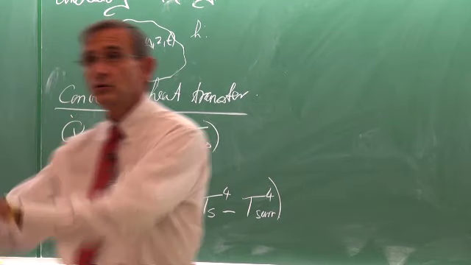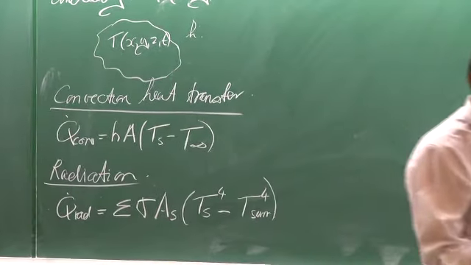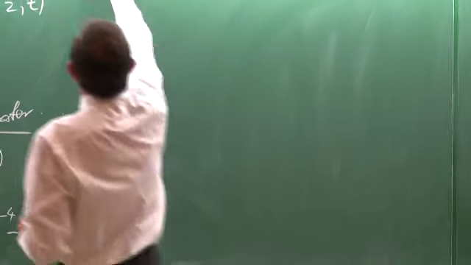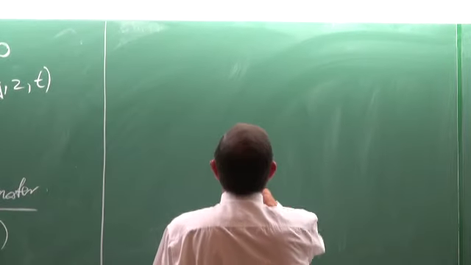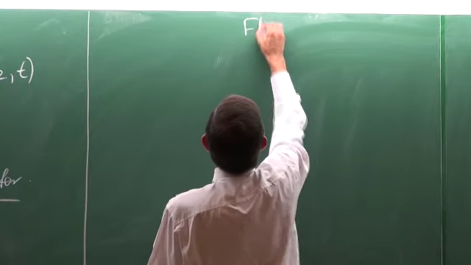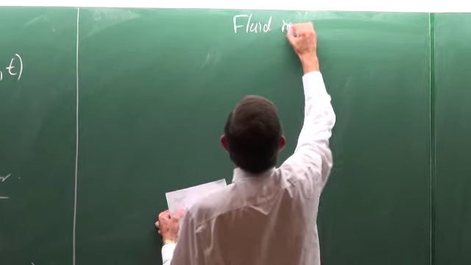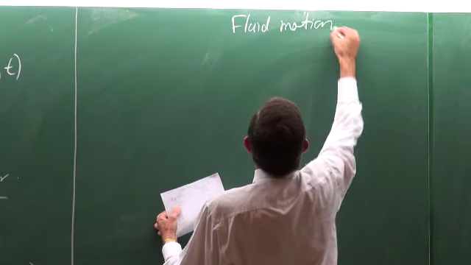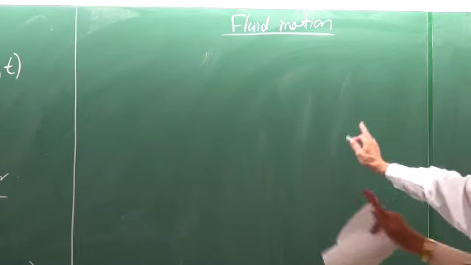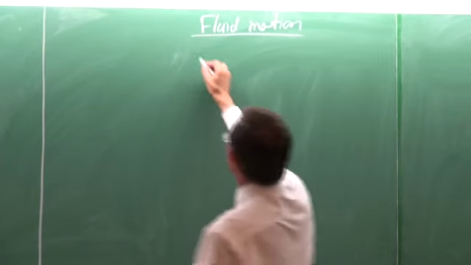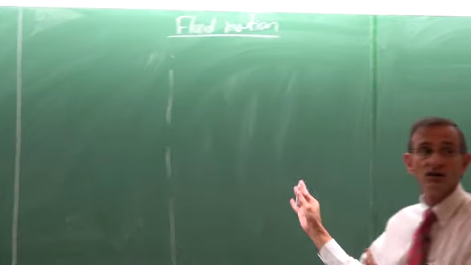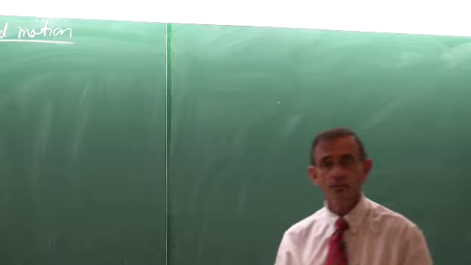Now that we've done a little bit of revision, I want to go back to fluid mechanics, when we've analyzed fluid motion types of problems. I want you to divide your page in two, a left-hand side and a right-hand side in terms of columns.